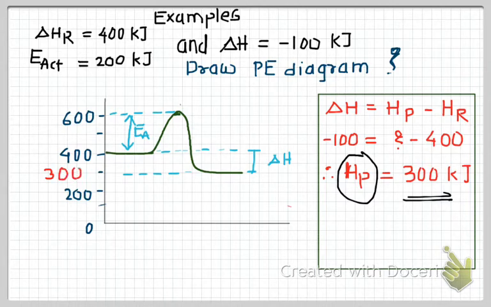We have enthalpy for the reactant as 400, that is this, and energy of activation is 200. So 400 plus 200 is 600. So energy of activation comes in the range of this 600, and as we calculated, enthalpy for product is 300. So this is the graph for our potential energy diagram.